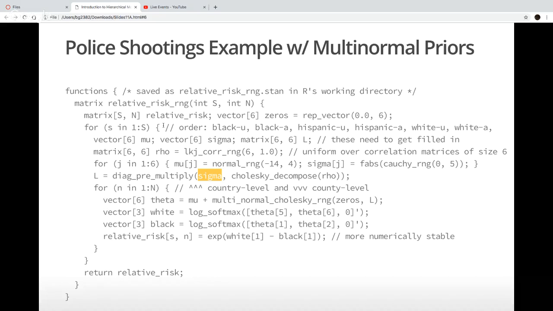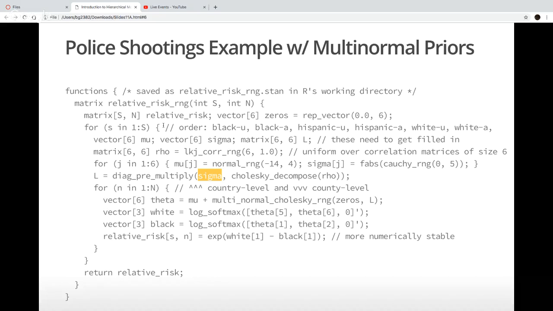Within each school, there's variation from student to student. Within each student, there's variation from test to test. Kids these days are taking standardized tests like every week, and there's variation in how well they do from one week to the next. So we have different amounts of heterogeneity going on at all levels of the model: national, state, school district, school, and then student over time. That's another example of specifying one of these structures.